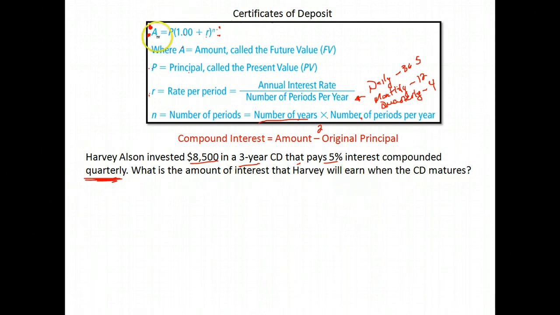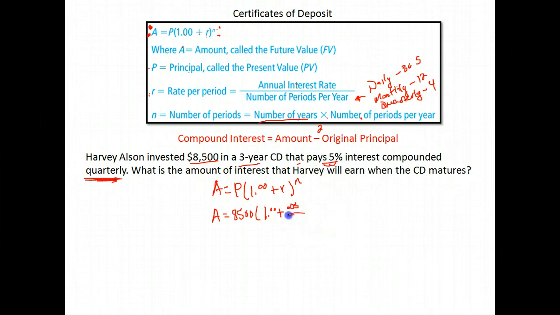So let's put our numbers into the formula. Okay, so again, this is our formula right here. Let's fill in the amounts. We don't know the amount. That's kind of what we're looking for here. The principal, the P, was 8,500 times 1 plus our R, remember, is our interest rate divided by the number of periods per year. Now the interest rate was 5%, so we do 0.05.